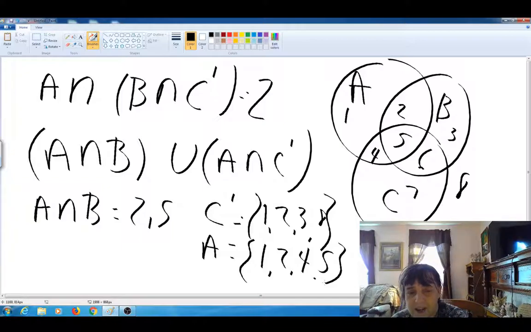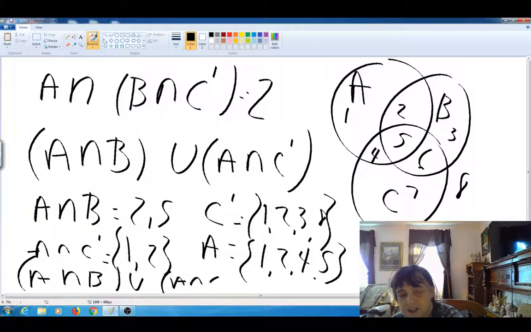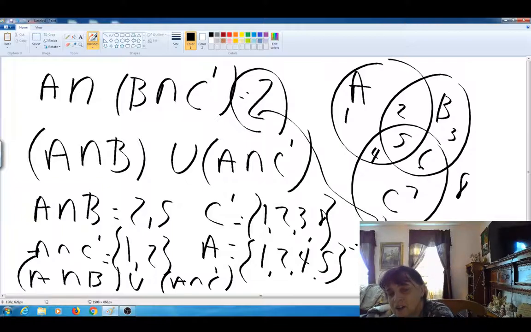Okay, so A intersects C prime is 1, 2. So A intersect B union A intersect C prime is 1, 2, 5. Does that equal this side? No. So these two sides are not equal.